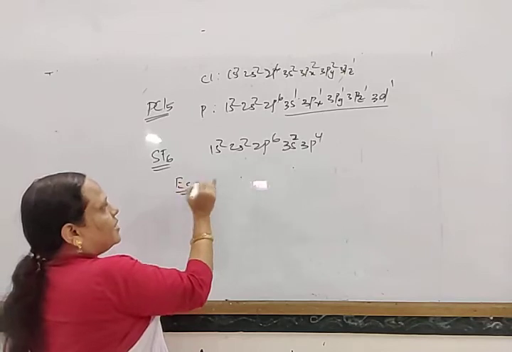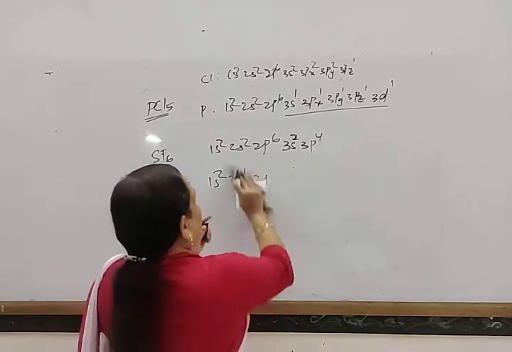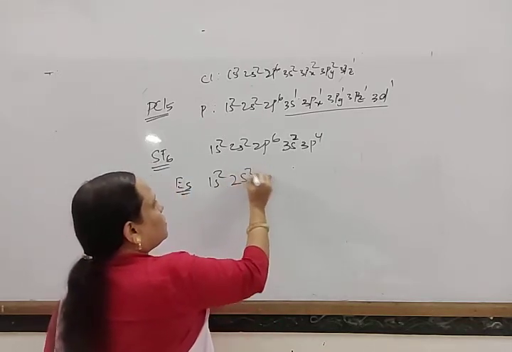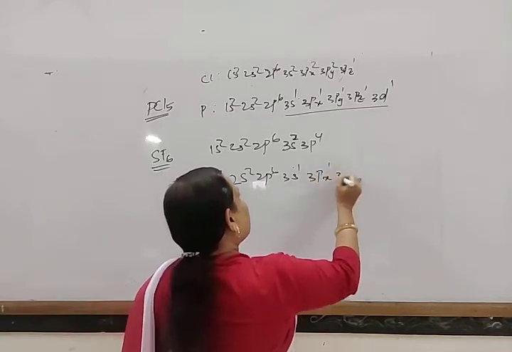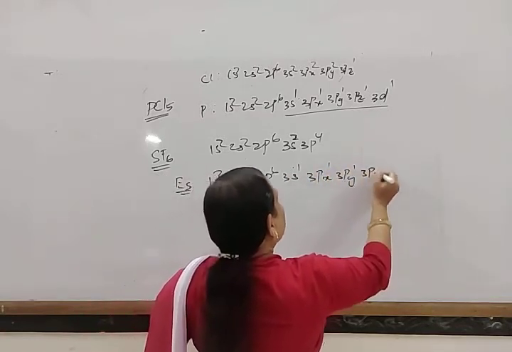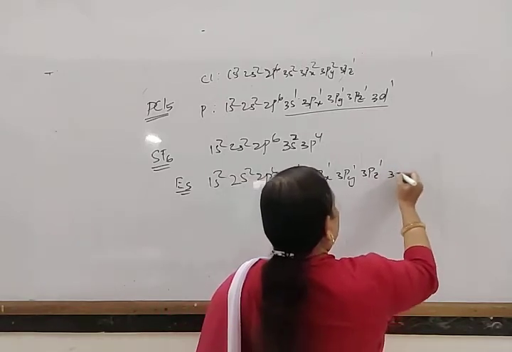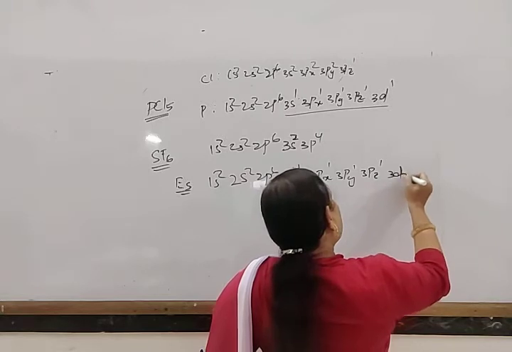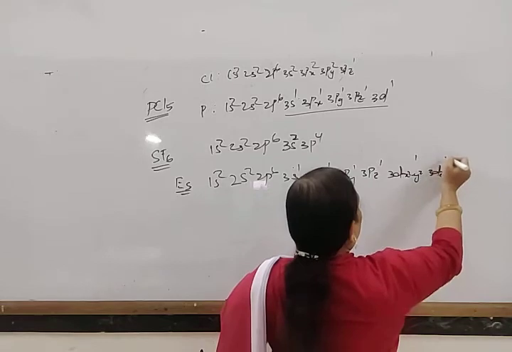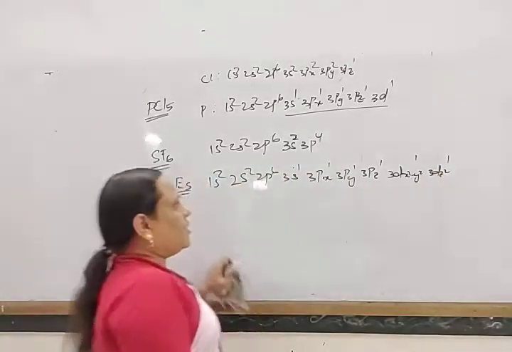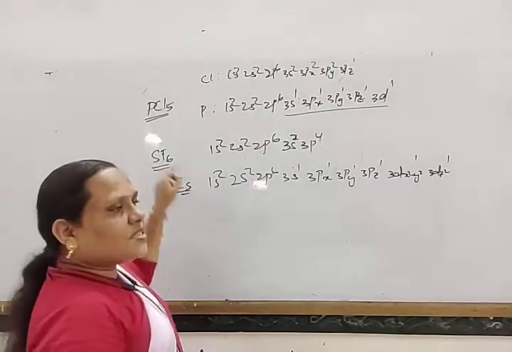In the excited state it becomes 1s2, 2s2, 2p6, 3s1, 3px1, 3py1, 3pz1, 3d x square minus y square 1 and 3d z square 1. In this there are 6 unpaired electrons, and they form bond pairs with 6 fluorine atoms.